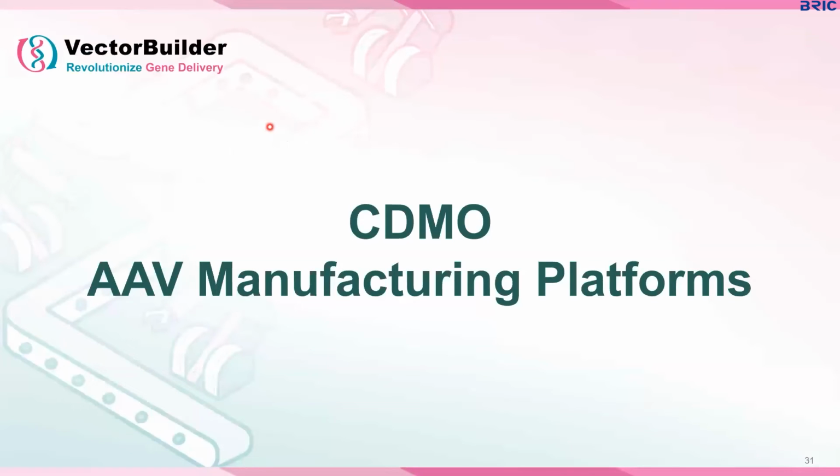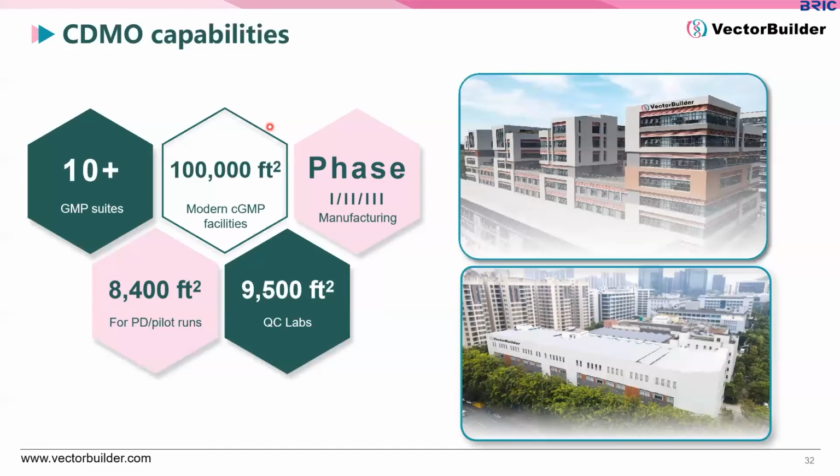So the next thing that I want to introduce is our CDMO platform for our manufacturing, particularly for AAV. So overall, for all our CDMO manufacturing services, our capabilities lie in multiple GMP production suites. Right now, we have more than 10 of them, and the total area for our GMP facility is about 100,000 square feet.